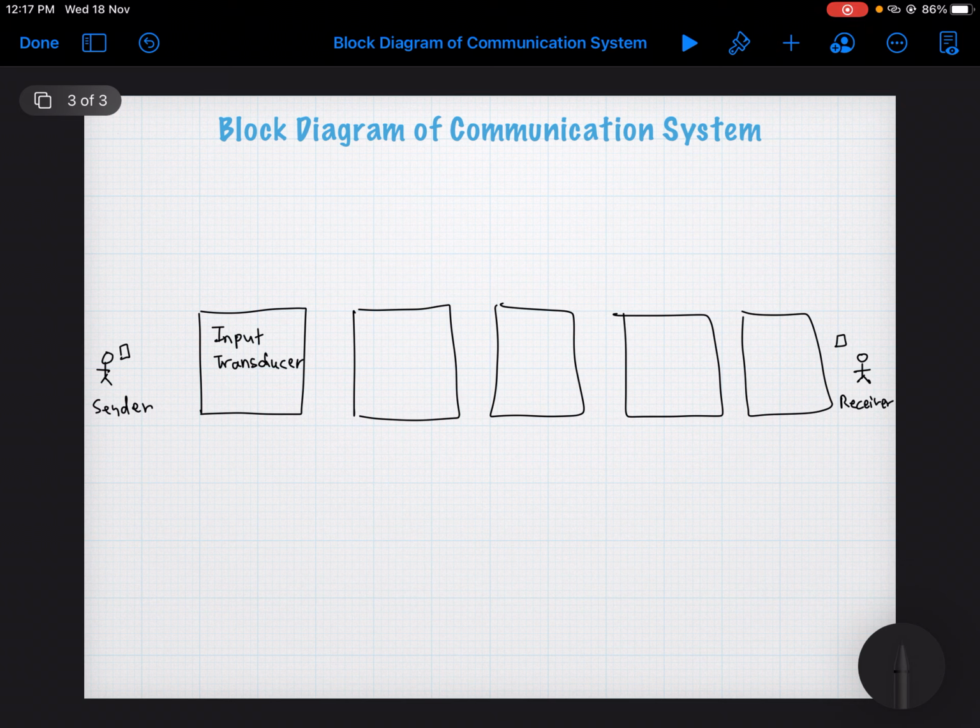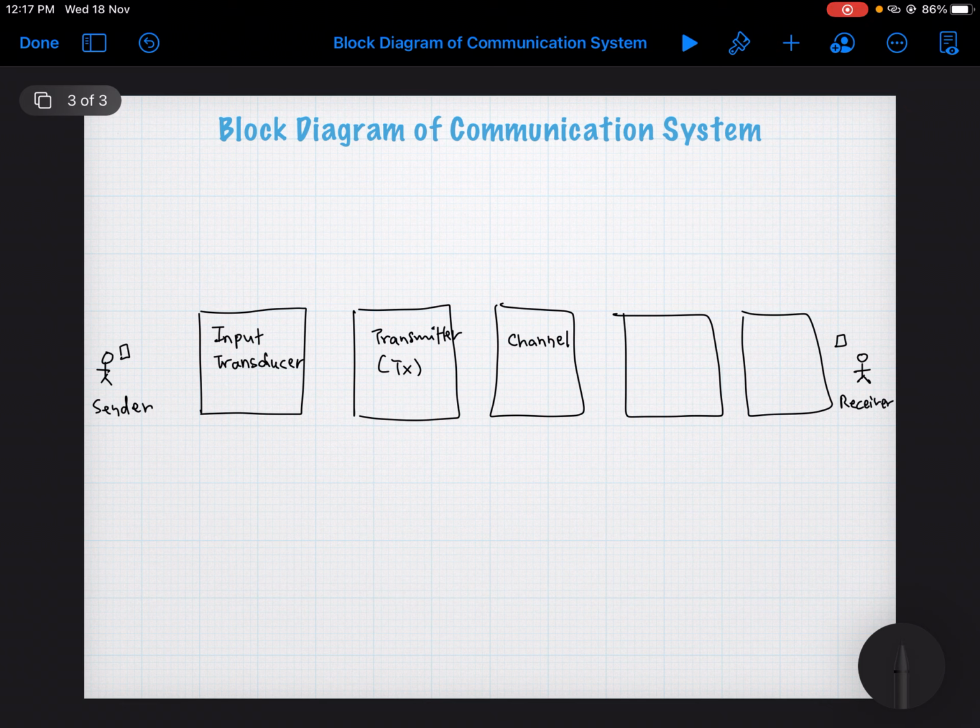The second one is the transmitter, or in short TX. The channel, it can be wired or wireless.